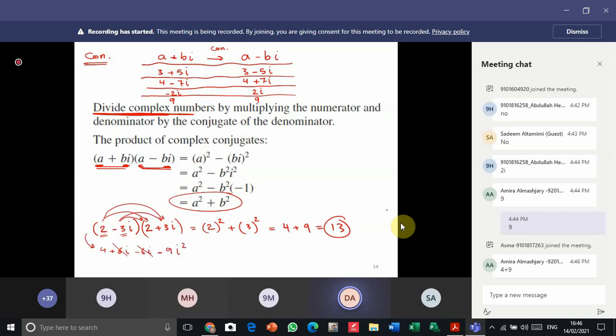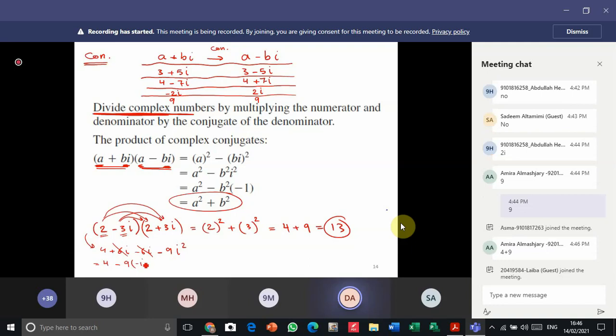Remove 6i with negative 6i, so we have 4 minus 9i square, but i square equals negative 1, so we have 4 plus 9. Okay, this is direct.